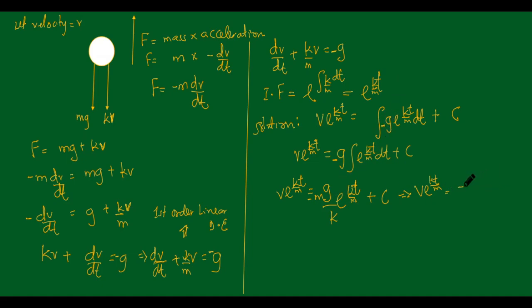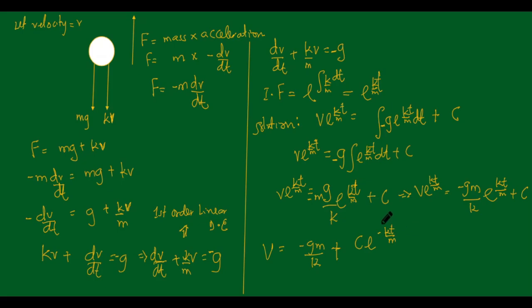So it will be equal to minus gm over k multiplied by e raised to power kt divided by m plus c. So in dividing through by e raised to power kt over m, we have v is equal to minus gm divided by k plus c e raised to power minus kt over m.